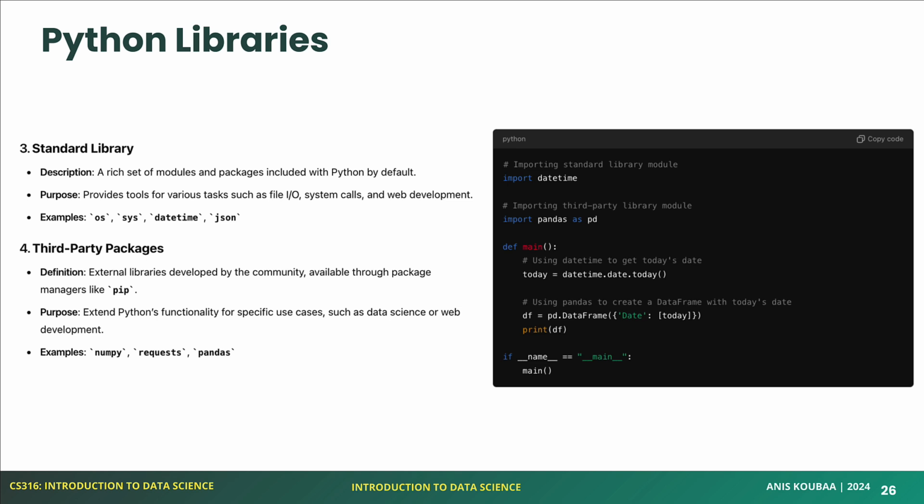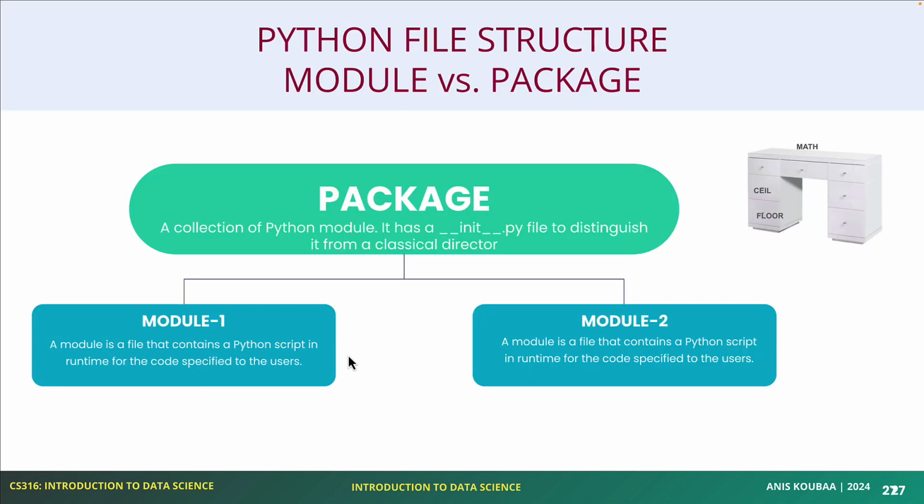And you can distribute it so others can use it as a third-party package. And usually we use pip, which is the command line for package management in Python. It extends the functionality of Python for specific use cases like data science, data analytics, web development, and others.